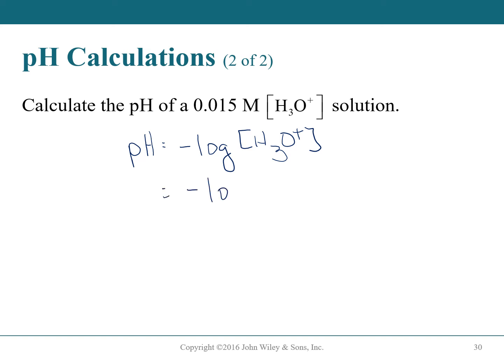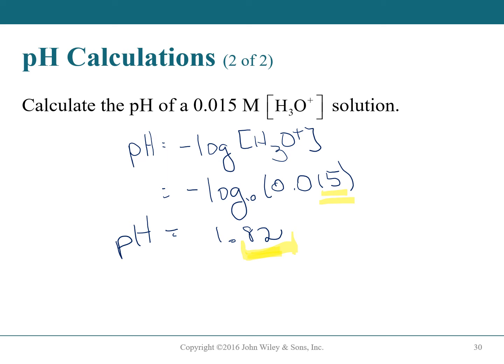So minus log, this is base 10, of 0.015, and what we get is 1.82. Now, one thing about exponents: if this is two significant figures in your exponent, you're going to look after your decimal point.